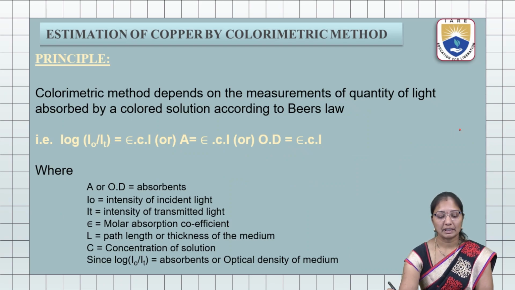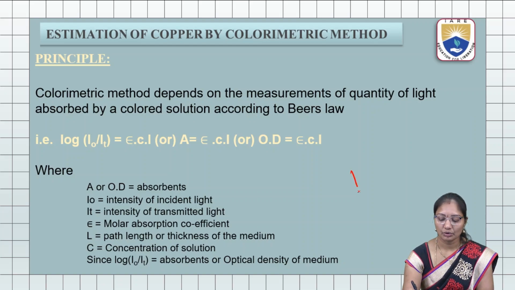The colorimetric method generally involves the principle of Beer's law. When light is passed through a colored solution, it absorbs some light and gives transmitted light.